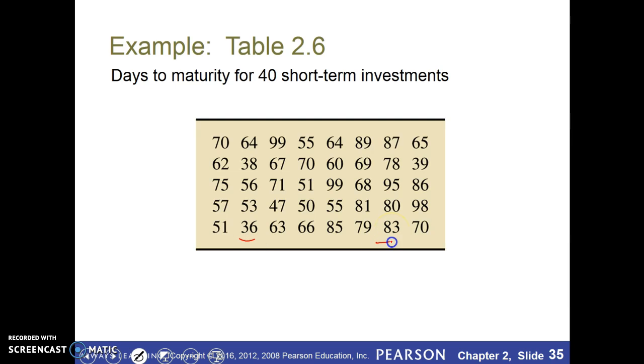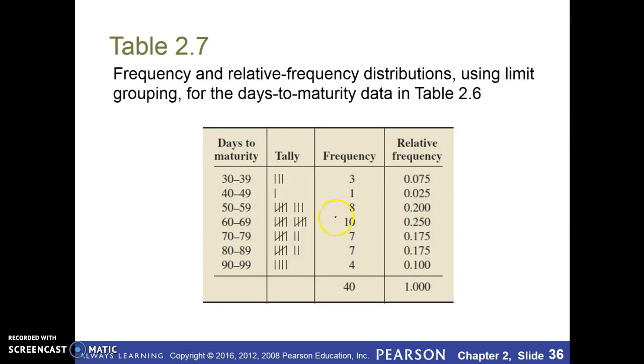We want to make sure that we're not going to have that many different groups, so we're going to put them into categories. Maybe the categories we pick are like this: 30 to 39, 40 to 49, and so on. Those are our limit number groupings. And you can see that all of the numbers in our survey fall into one of these grouping categories.